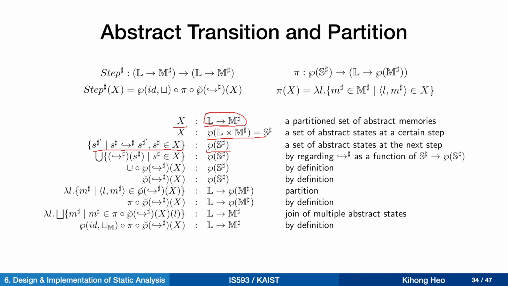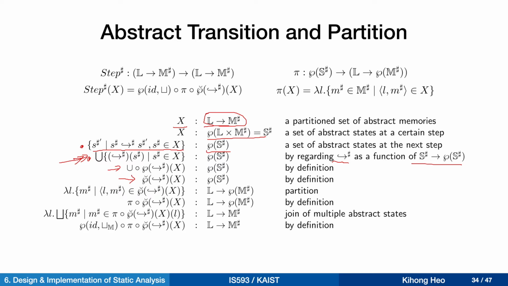And then by regarding these abstract transitions as a function of this type, we can rewrite this set as this set. Understand? And then using the previous notation, we can simplify this expression like this, and we can further simplify the expression. Okay, now we are here.